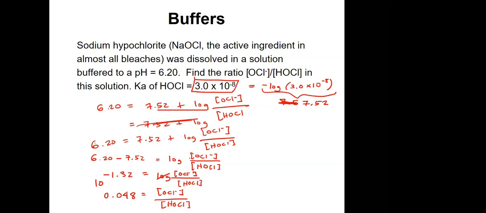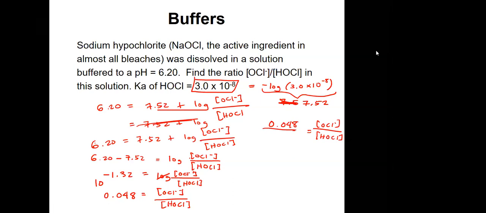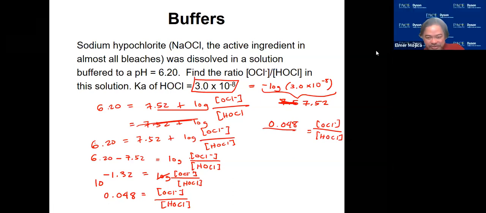So what do you think the value of your HOCl is here, if you're going to move it like that? It's the ratio. It's like the total ratio. Yeah, so this one would pertain to OCl minus. So what do you think the HOCl value is here?